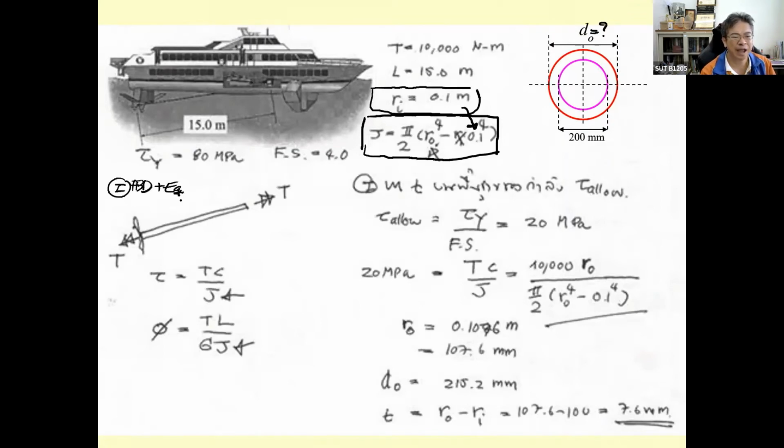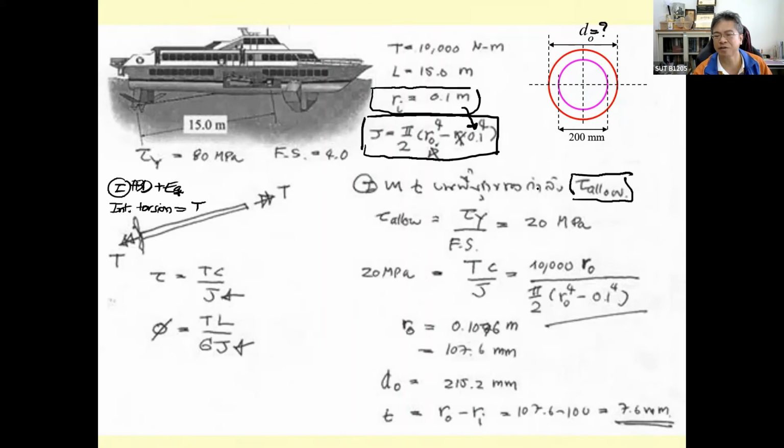So we can find the internal torsion equal to T.